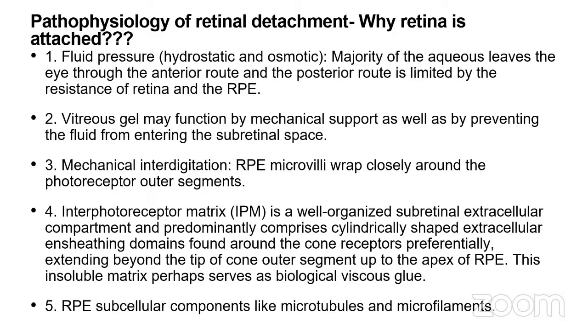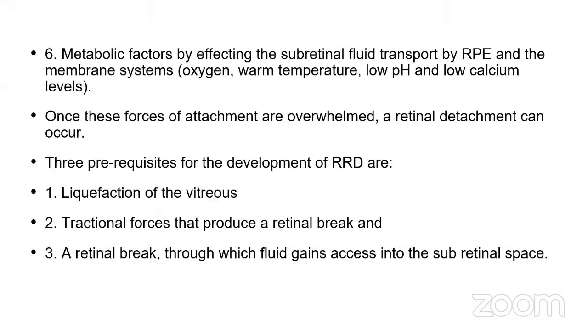So it is made up of proteoglycans, chondroitin sulfate, etc. RPE cellular components like microtubules and microfilaments may also contribute to its attachment. And metabolic factors by affecting subretinal fluid transport by retinal pigment epithelium and the membrane system. So once these forces of attachment are overwhelmed, a retinal detachment can occur.